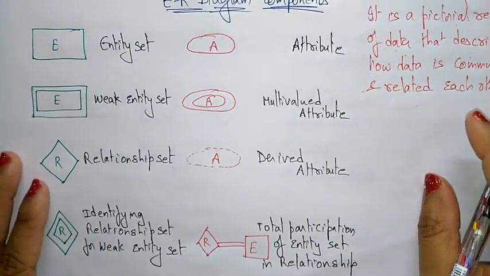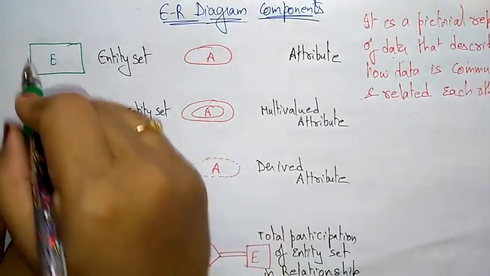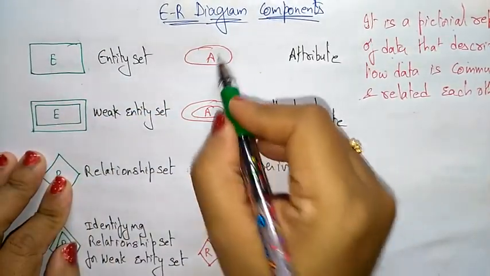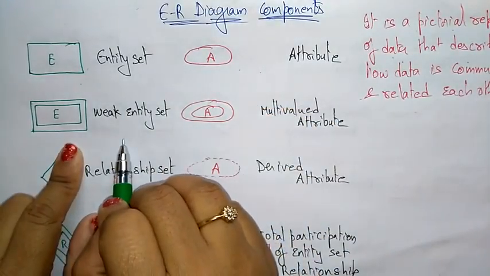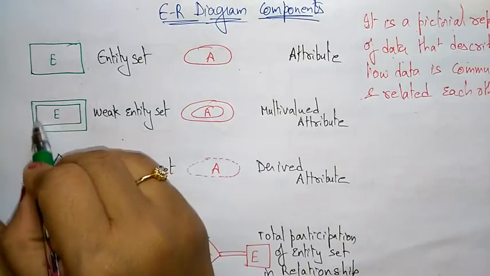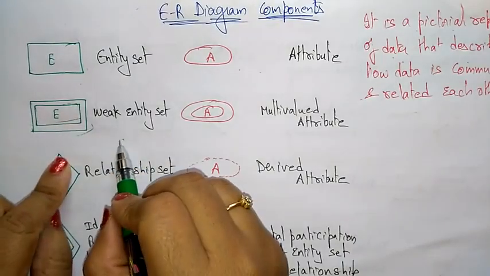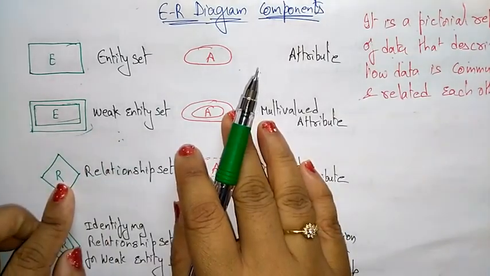So let us see what are the components that are used in ER diagrams. The entity set can be represented by a rectangle, whereas an attribute is an oval shape. If you want to mention a weak entity set, a double-layer rectangle shape should be there. A weak entity set means one which cannot hold the primary key.